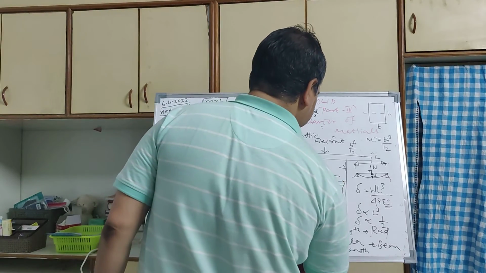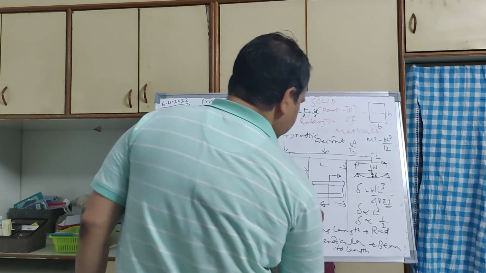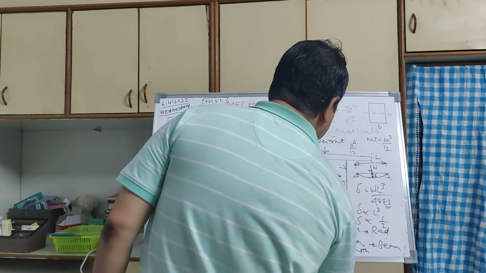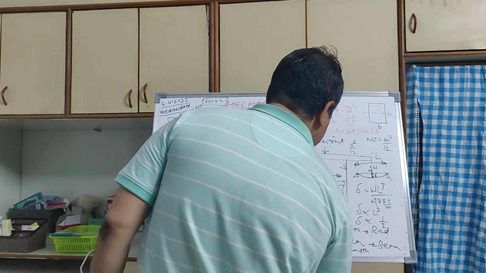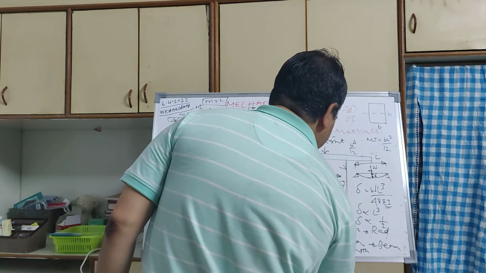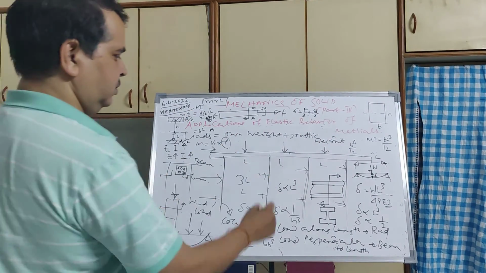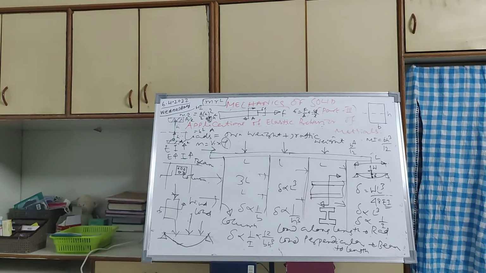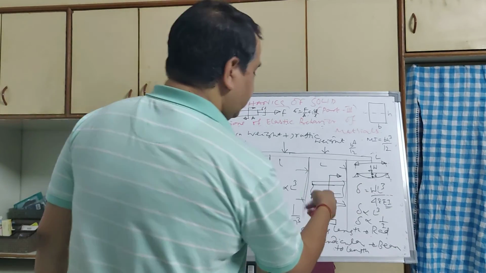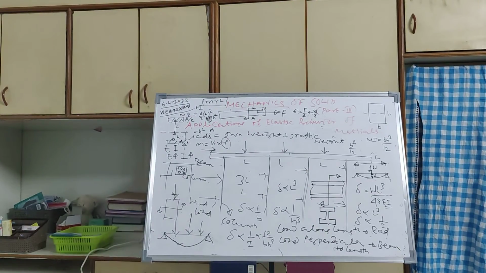But if you take the cross section, how does a rail cross section look like? The rail cross section is an I cross section. It is not a rectangular cross section. What is the reason? Because for the same area, for an I cross section, the moment of inertia will be more.